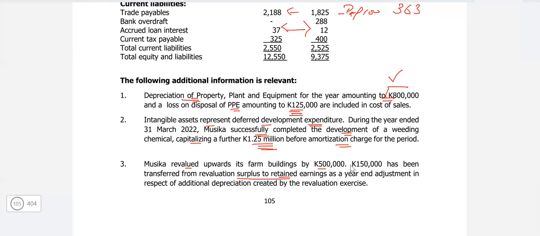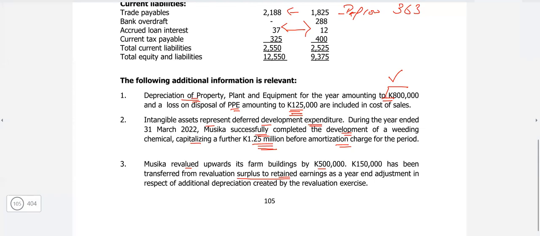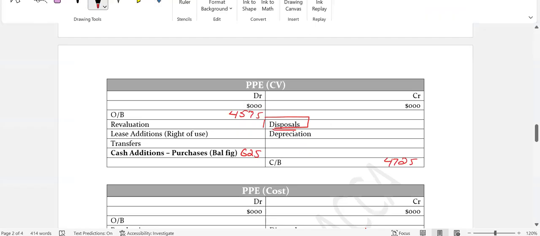In the loss on the disposal, we also need the proceeds, which we need to mention within the investing activities. So the opening balance is 4575, closing balance is 4725. Additions are 625. Depreciation is given in the question, which is 800. So we put that.